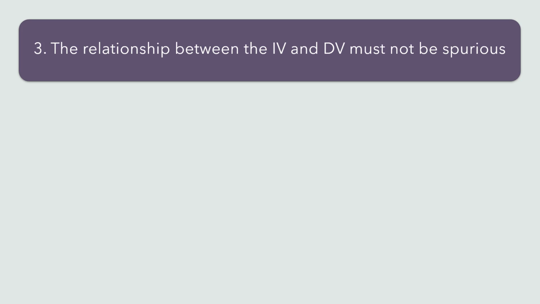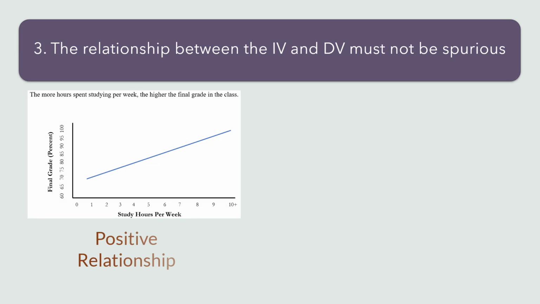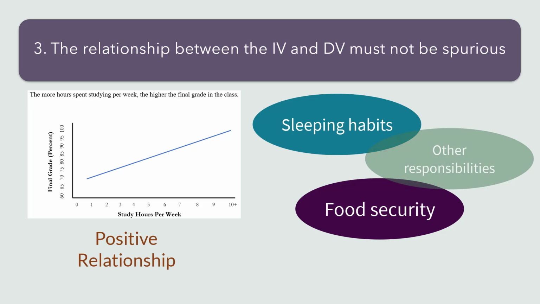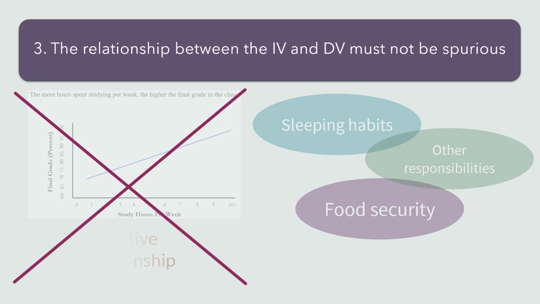So the third criterion was the tricky one, which is that the relationship between the independent and dependent variable must not be spurious, which means that when we account for other variables, the relationship disappears. So how do we establish that?